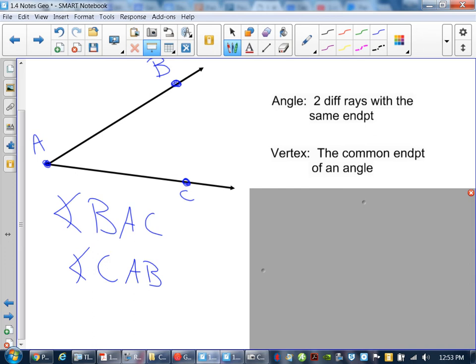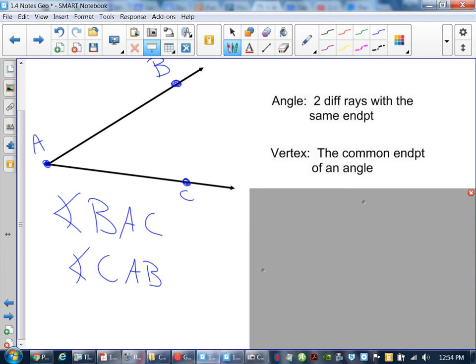The only thing that's different is just going a different direction. That comes into play later on when we talk about congruencies, as we start to look at triangles and polygons and things of that nature, because we have to know what direction we're moving to show that there's what we call a correspondence to something else. So you can either go from the top down or the down to the top. As long as A is in the middle, that's your vertex. That's where it will always be.